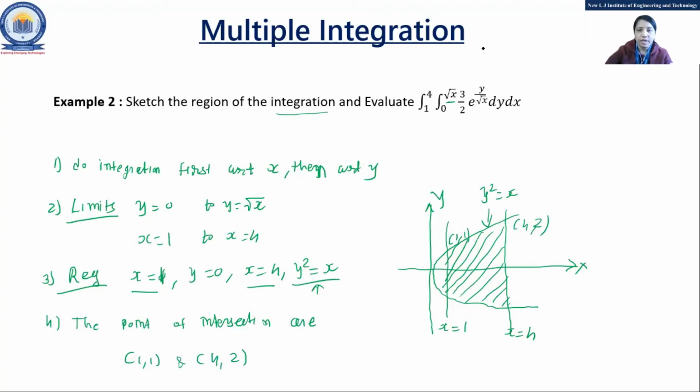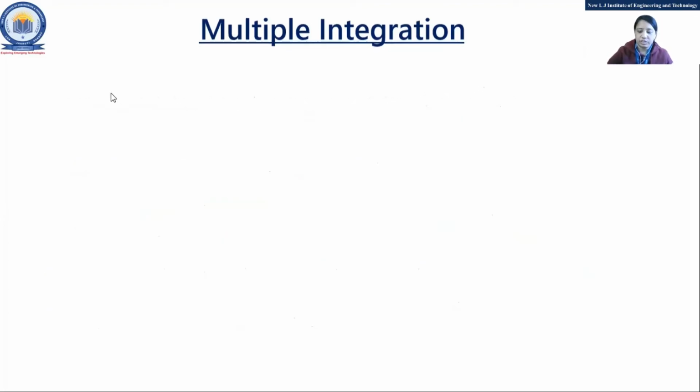Fine. So now how are we going to evaluate this? The limits of x are 1 to 4. This is the sketching of the region. Now how are you supposed to find the integration of this one?